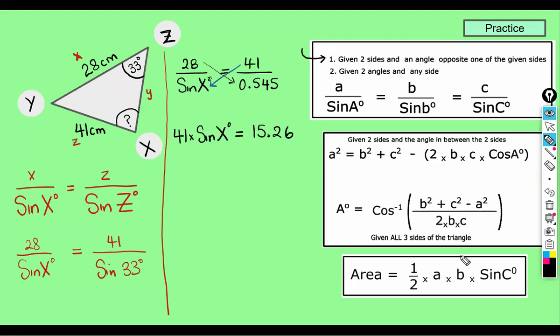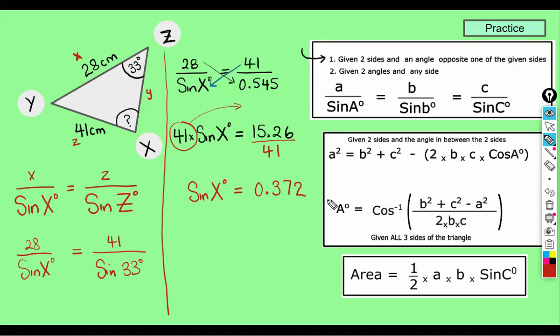We want to solve for X. Don't forget the aim of the question. 41 is a multiply. Throw it over, you get a divide. So sine capital X equals, when you divide the 15.26 by 41, you're going to see 0.372.